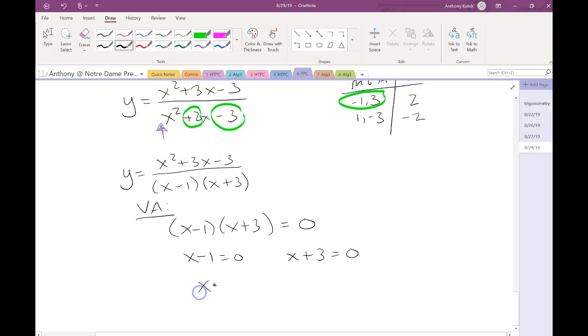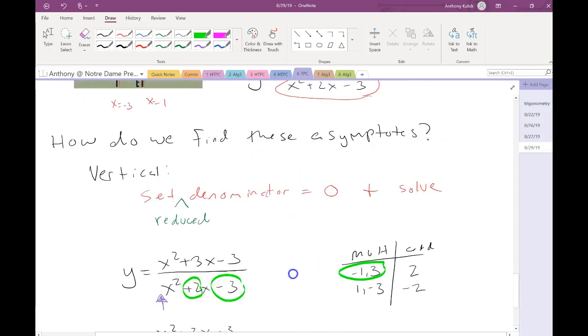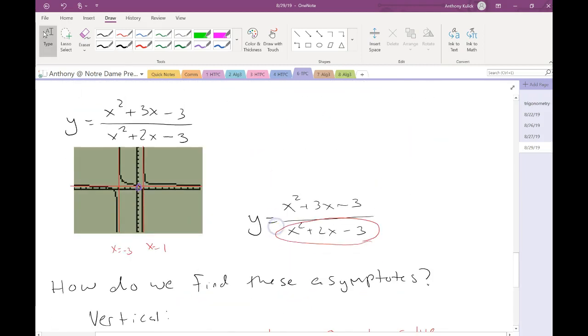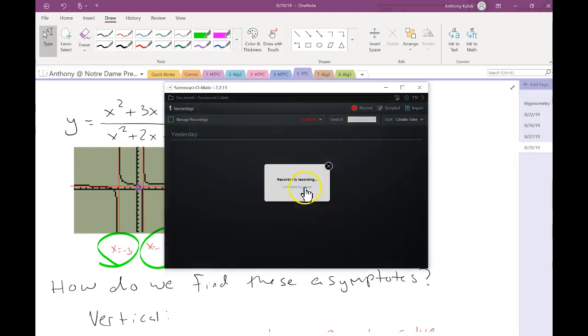So if I add 1 to both sides, I get positive 1. If I subtract 3 from both sides, I get negative 3. If I go back to my picture, I notice that matches exactly what we observed above, right? We'll stop here for today, and we'll pick up with this topic.